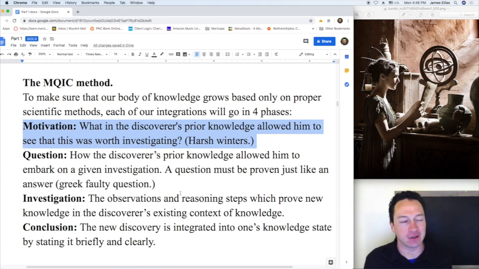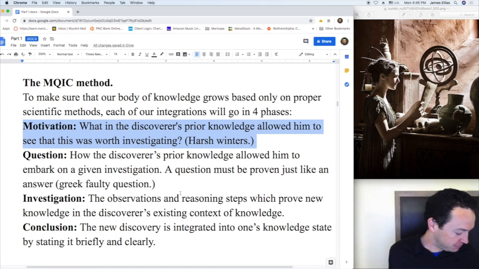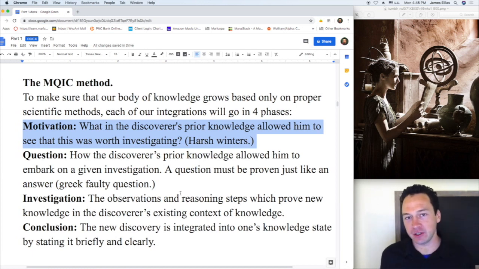They kind of had a theory of atoms, but it was different from the actual theory of atoms. So they would have had no reason to do that. And so you can see that by making sure that we always account for motivation in a logical way, the motivation phase allows us to adhere to proper inductive logic.